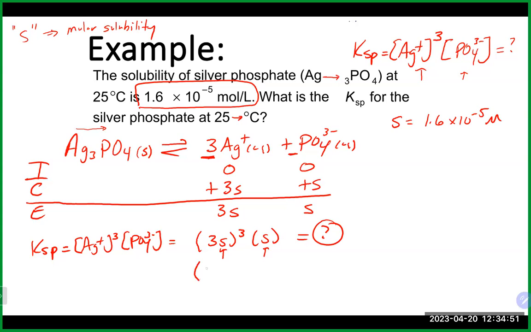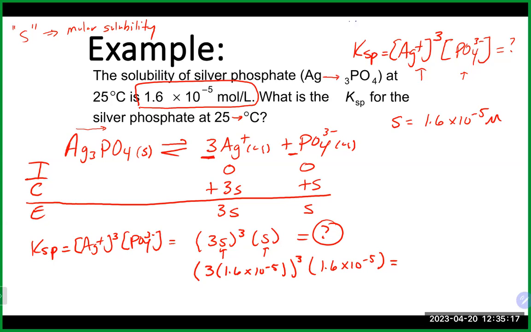And if we did that, that would be 3 times 1.6 times 10 to the minus 5, we still got a cube, times 1.6 times 10 to the minus 5. So 3 times 1.6 times 10 to the minus 5, we're going to cube it and times it by 1.6 times 10 to the minus 5.